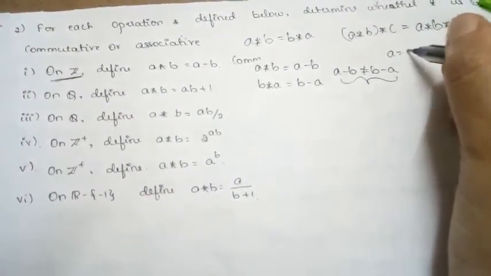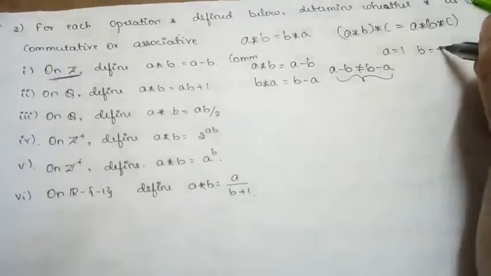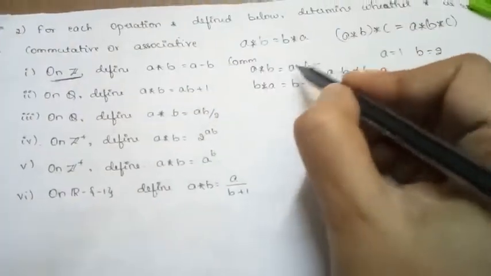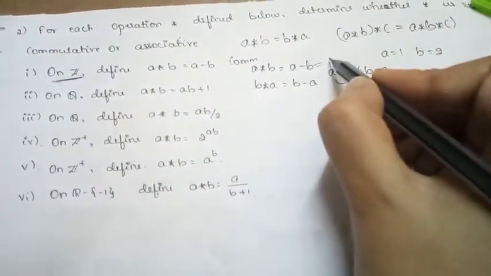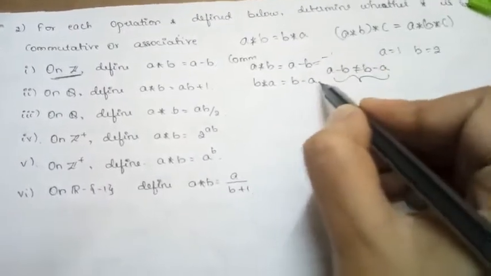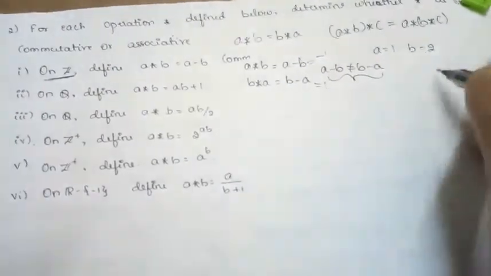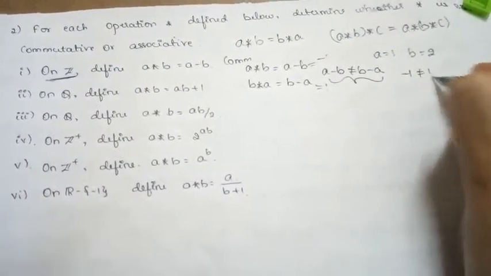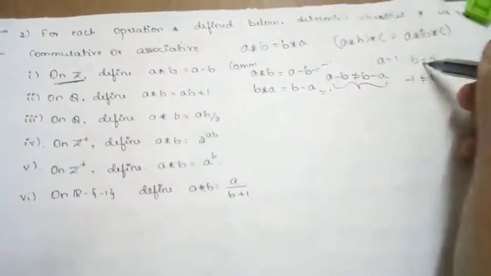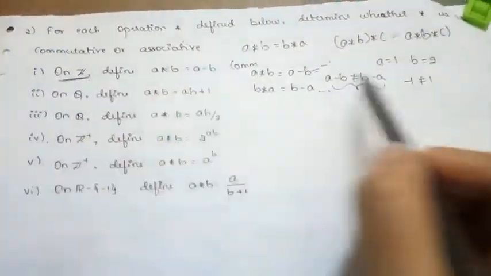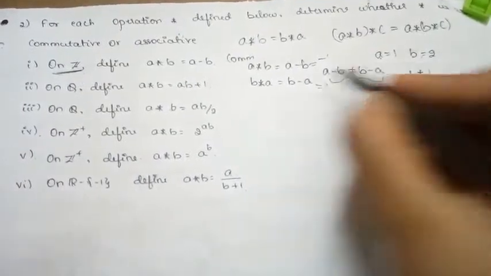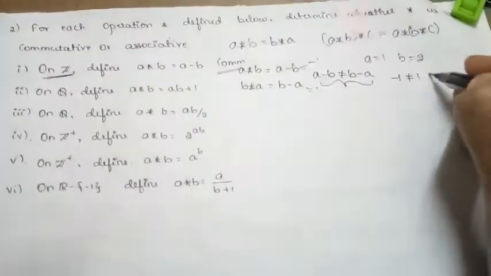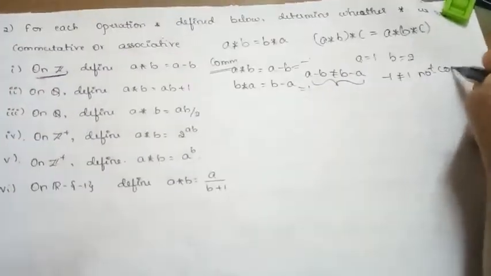Suppose I take a equal to 1 and b equal to 2. Then 1 minus 2, a minus b, is nothing but minus 1, and b minus a is nothing but 1. So clearly minus 1 is not equal to 1. Both a and b belong to the integers, but these two are not equal, so it is not commutative.